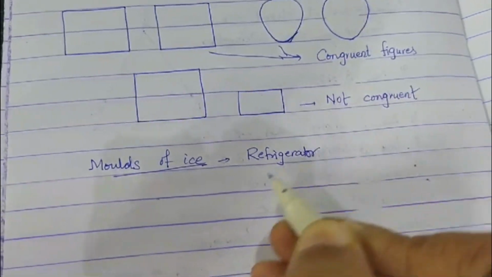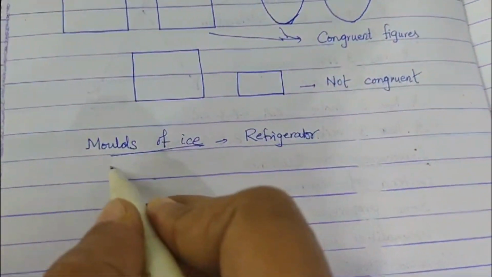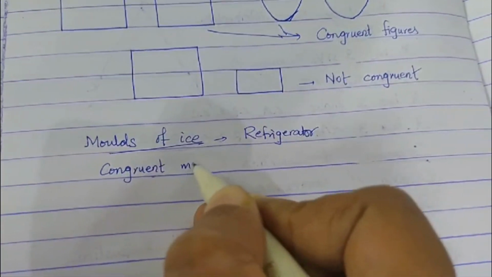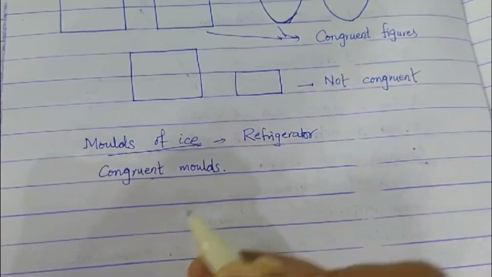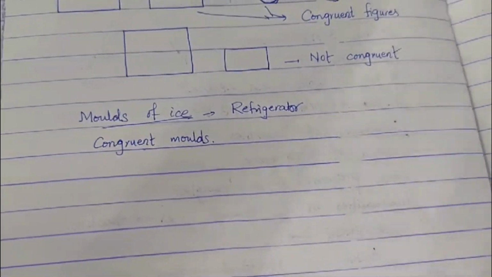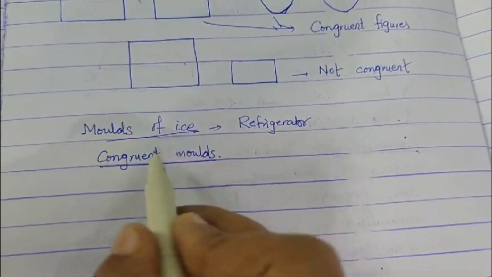You may have seen that they are of identical shapes and sizes. So basically they are congruent. These molds are congruent molds. And when you see the ice is ready, all are of the same size and shape. So this is one of the examples from your daily life.